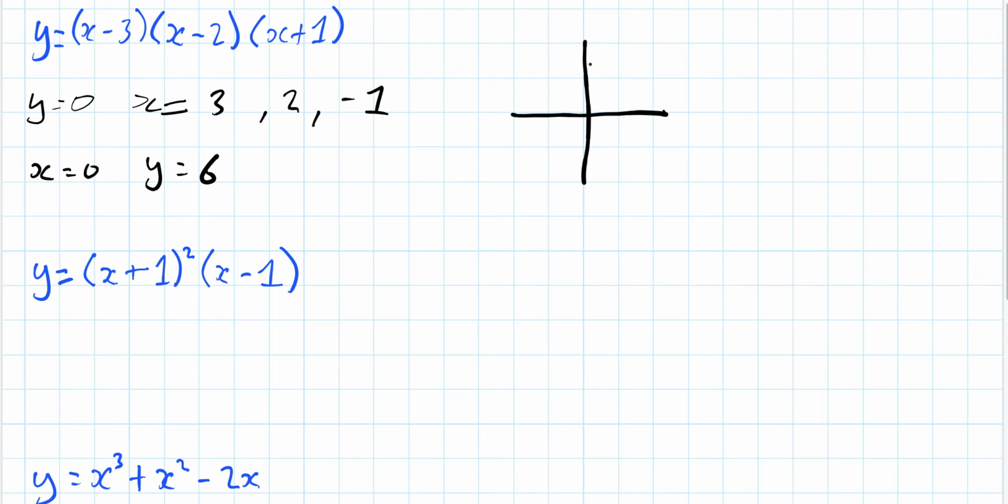So it's going to cross the 6, and if I take a large negative x, I'm going to get a minus.